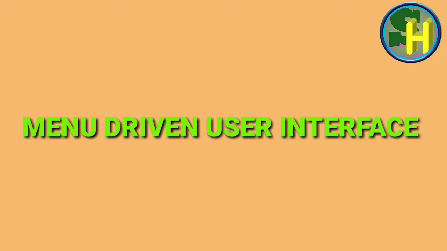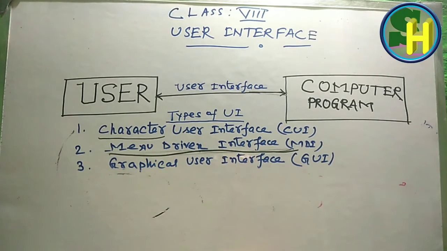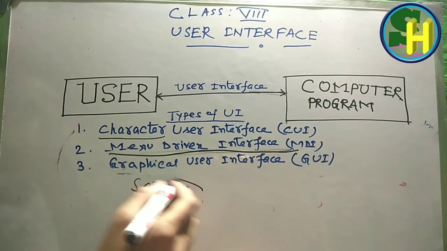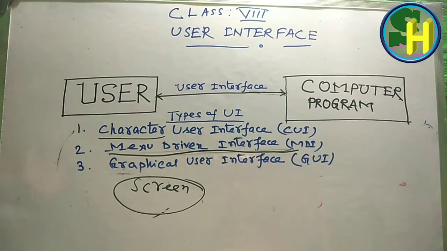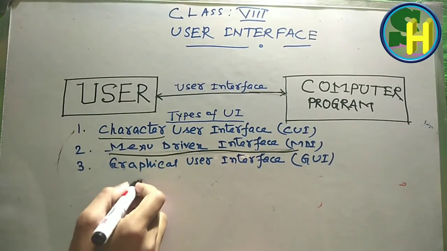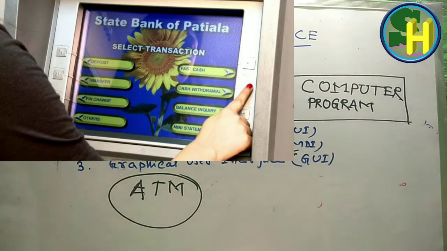Next is the menu driven interface. In the menu driven interface, basically it enables the user to use the computer programming through the screen. I am taking an example: the ATM machine, where we can withdraw money, deposit money, and transfer money.